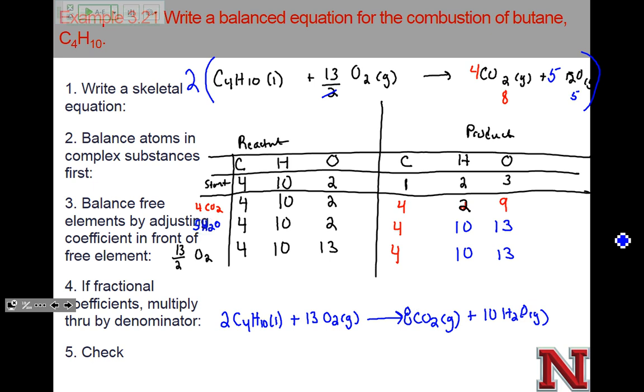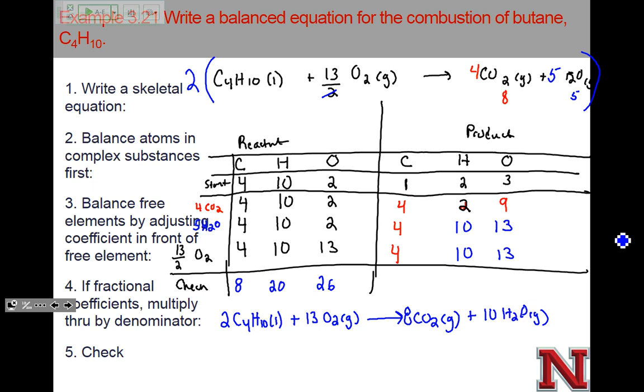Now my last step is I want to check. If I did this correctly, and I follow exactly what my equation says, I should have a completely balanced reaction. So my check for my final: I'm going to have 8 carbons in my starting material, 2 times 4, 20 hydrogens, and then 26 oxygens.